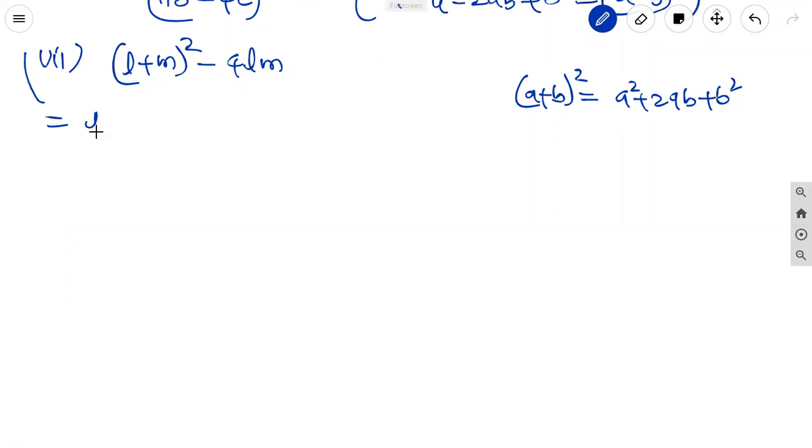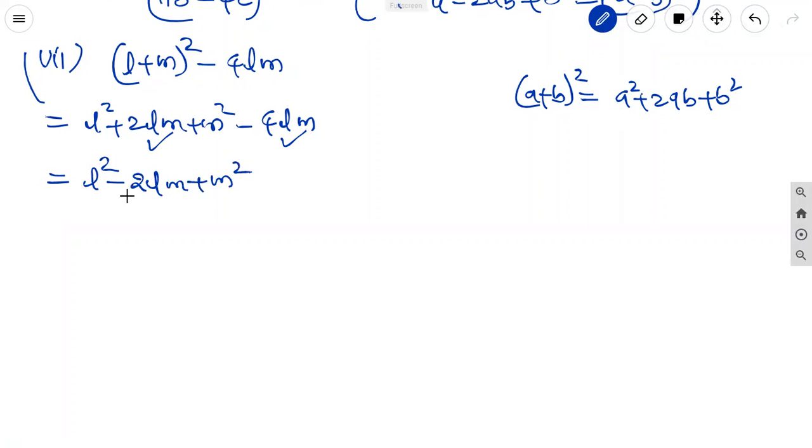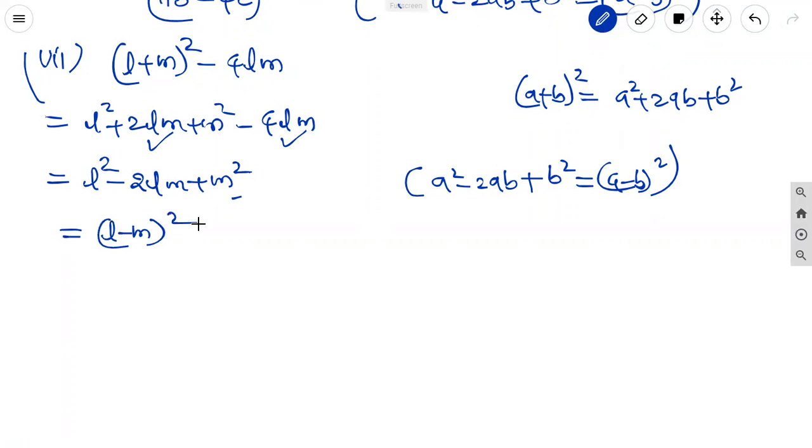It is equal to L square plus 2lm plus m square minus 4lm, that is equal to L square minus 2lm plus m square. What is the identity here? That is a square minus 2ab plus b square equal to a minus b whole square, equal to L minus m whole square.